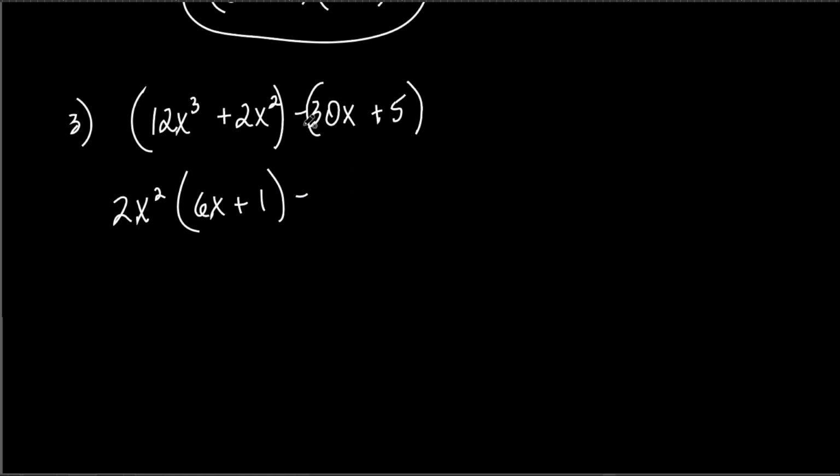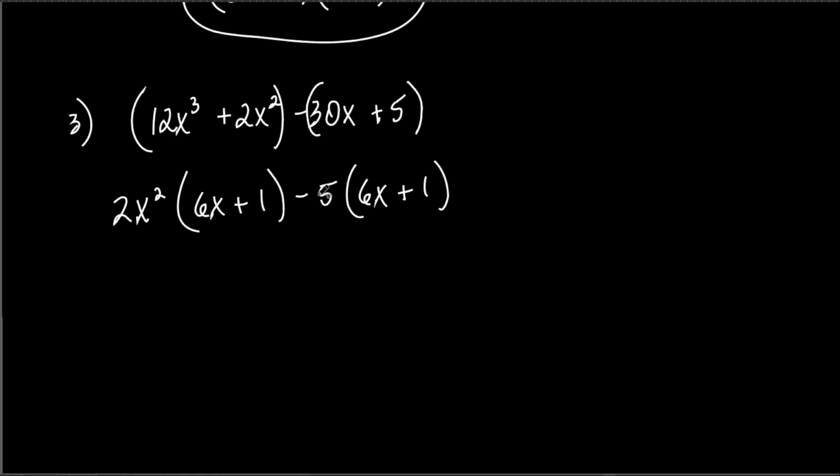Now, what do we have in common with 30 and 5? Well, 6 doesn't divide into 5. I know what you're thinking, but 5 divides into both of those. It divides into the 6 times, okay? But 5 divides into both of these. And so what do we get? This is going to be a 6x, and this is going to be a plus 1, like this, okay?